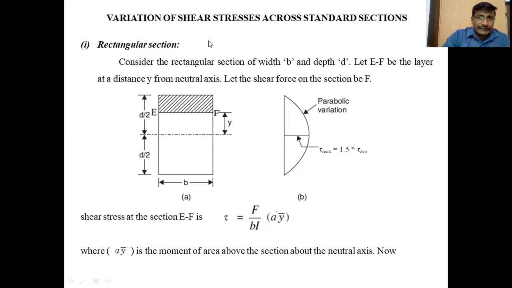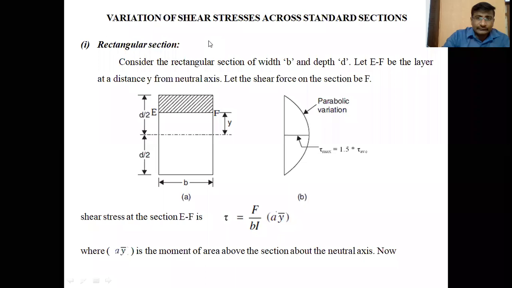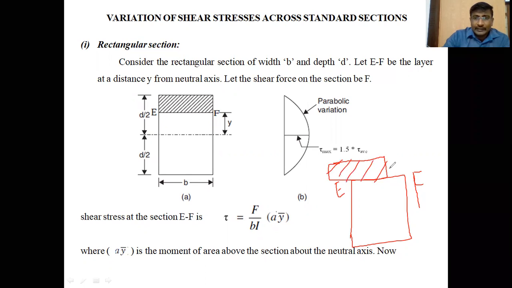Just in the earlier class I said that, let us take this rectangular section, this is the EF. The area above the EF level, the shaded area, slides by the unbalanced force, dM by I into y into dA.